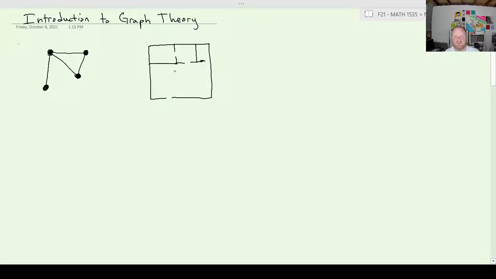But if we think of this as being the floor plan, and we place a dot in each of these rooms here, and we can even consider the outside, right, the outdoors as being a room in this floor plan, then we can make a graph representing that.